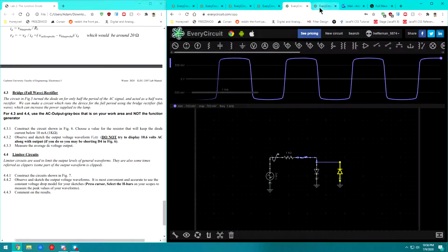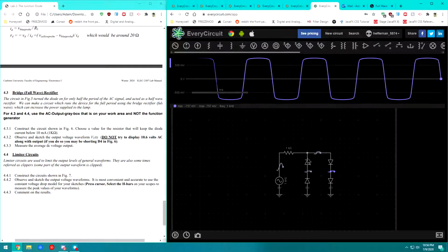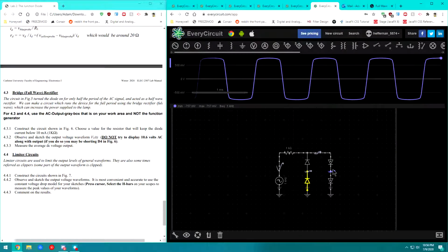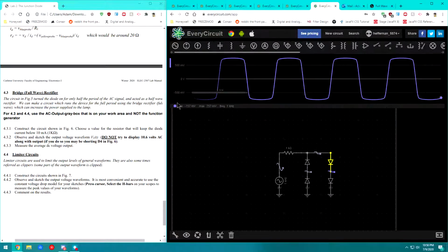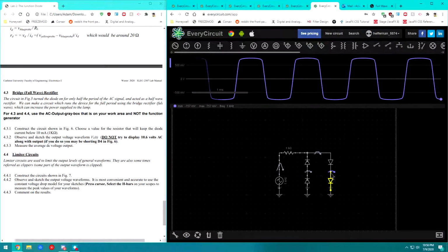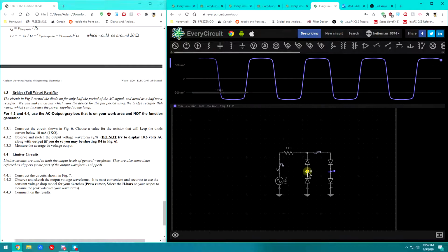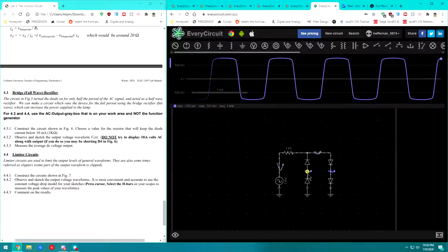And then in the third circuit, we have double the diodes. So in this case, in the positive half cycle, we have two diodes dropping, and in the negative half cycle, we also have 2 diodes dropping, right?